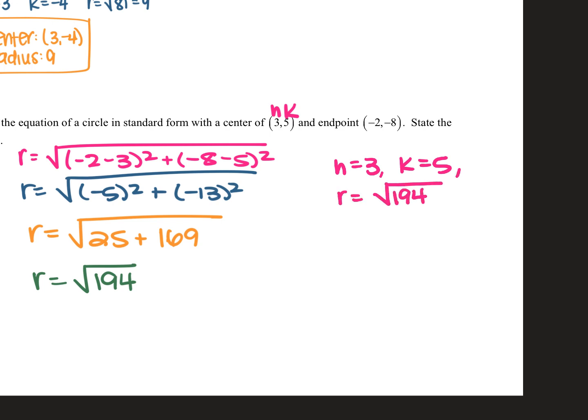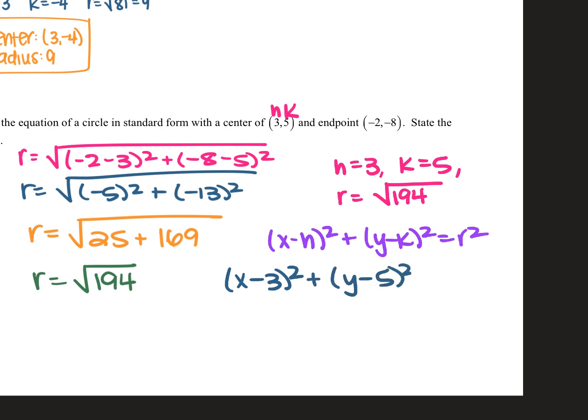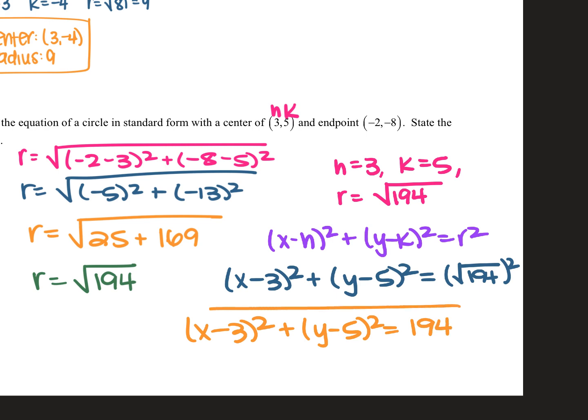So if we plug that into our formula, which we said was (x minus h) squared plus (y minus k) squared is equal to r squared, that's going to give us (x minus 3) squared plus (y minus 5) squared is equal to the square root of 194 squared. So simplify that, and that's (x minus 3) squared plus (y minus 5) squared is equal to 194.